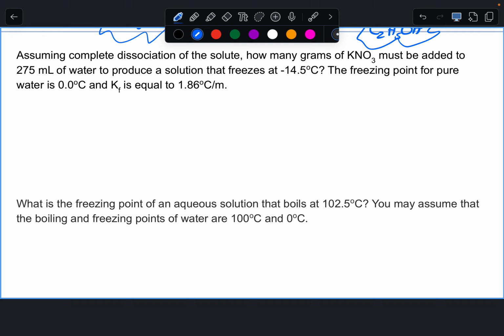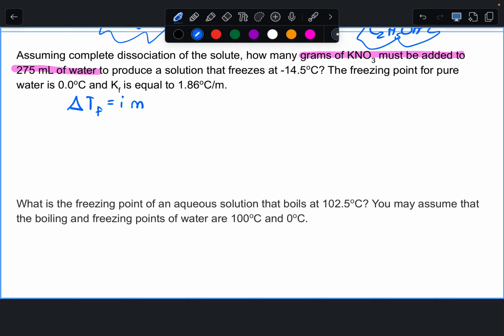You're still going to use one of these equations we've been doing with the freezing point. But then the end part of the problem is going to incorporate using the molality as a conversion factor. Okay? So start with your freezing point equation.